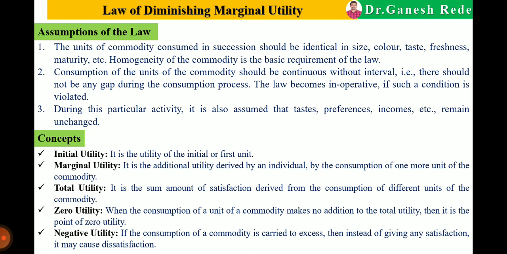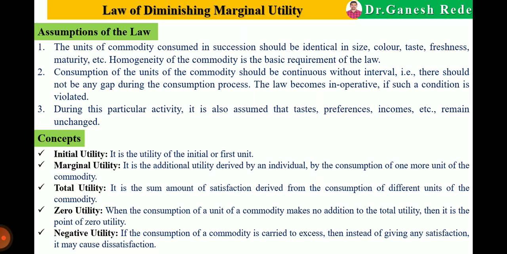Suppose I have consumed 1 unit and got a utility of 10, then I consume one additional unit and get a utility of 12. So how much is the increase? That 2 is the marginal utility. The additional utility derived from the consumption of the next unit of commodity is the marginal utility.